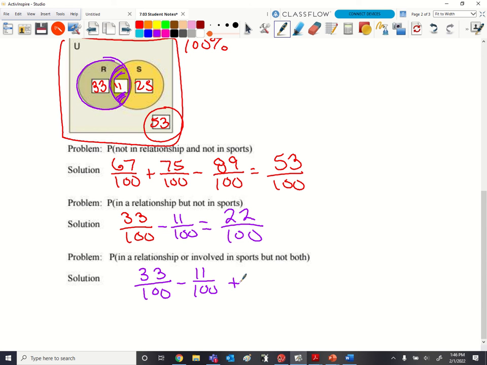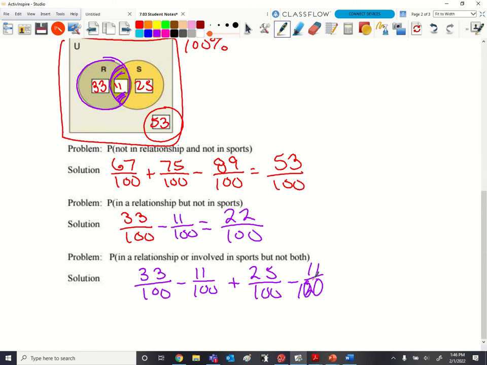Which ones are sports? 25, right? And I don't want to be both, right? Out of these, how many are actually in both categories? So I'm going to get rid of these. What I'm going to look for is only people that are in one thing. Either you're in a sport or you're in a relationship, but not both. That's what we're looking for here. So I'm going to subtract my 11 again.